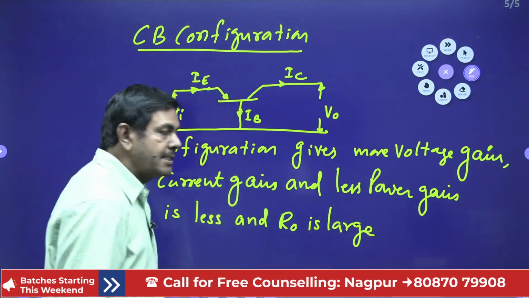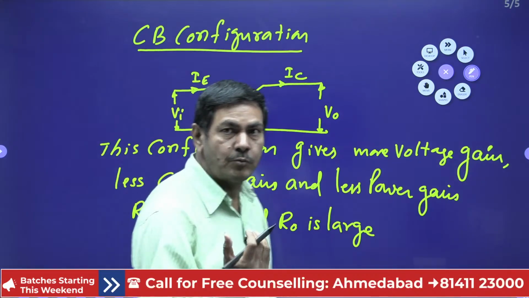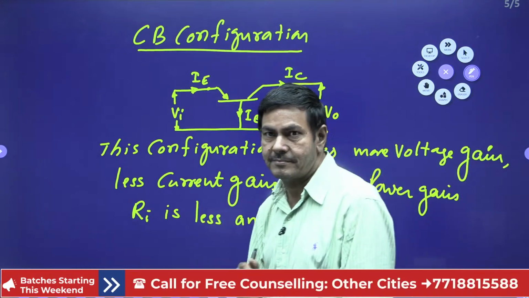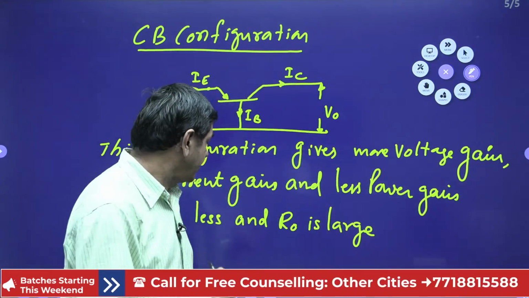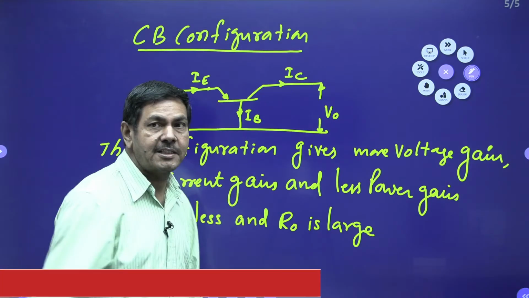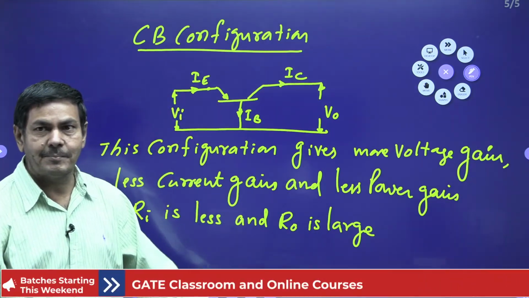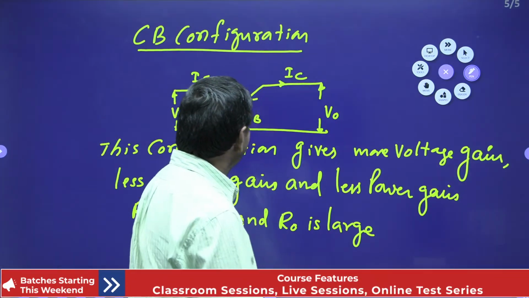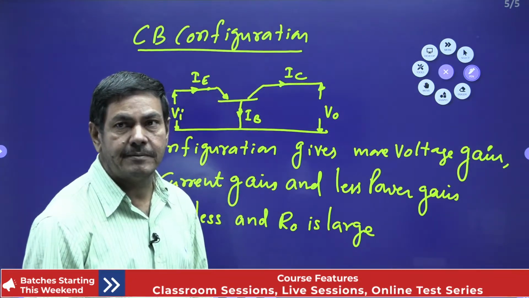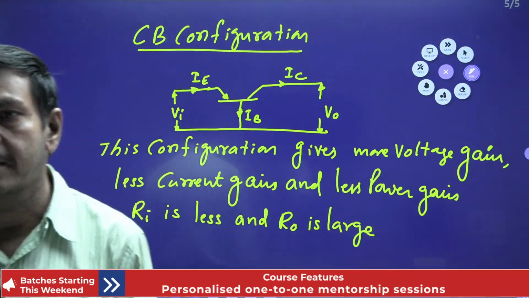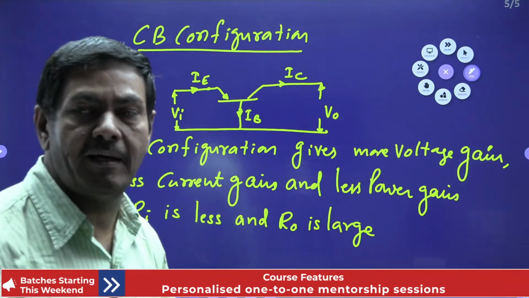That means the resistance at the output side, the J2 junction, is large, and at the same time Ri is less at junction J1. That parameter is more important. And next one, what is required? The current amplification. The current amplification of the common base configuration is calculated by what formula? That is more important.